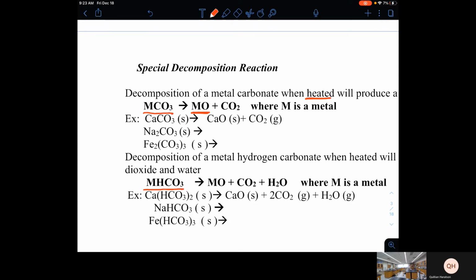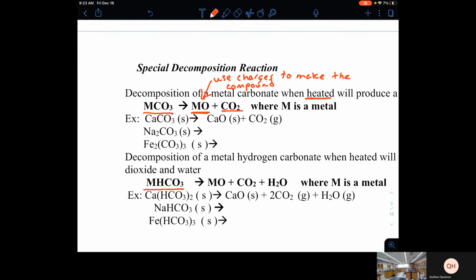So I'm still going to use charges to put together the compound. And then the CO2, you're just going to write that down. This just produces CO2 as the other product.